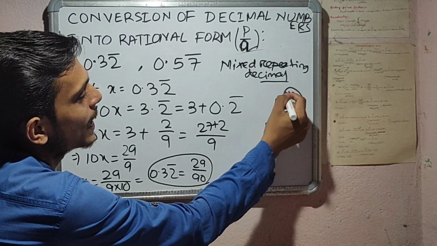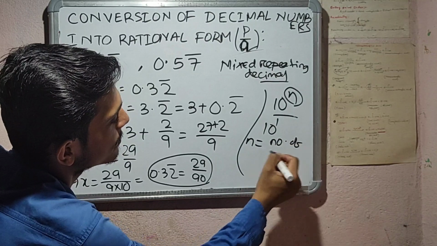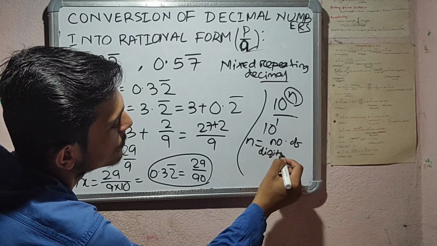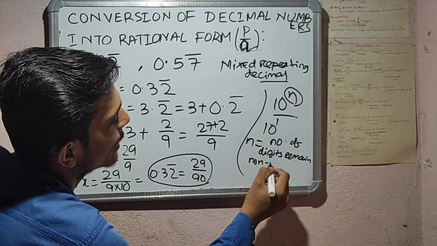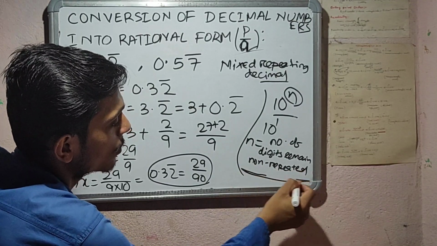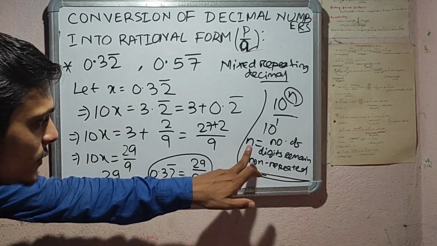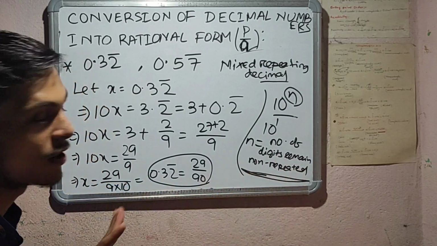Here n is the number of digits that remain non-repeated. It is very important. So n is equal to the number of digits remaining non-repeated.